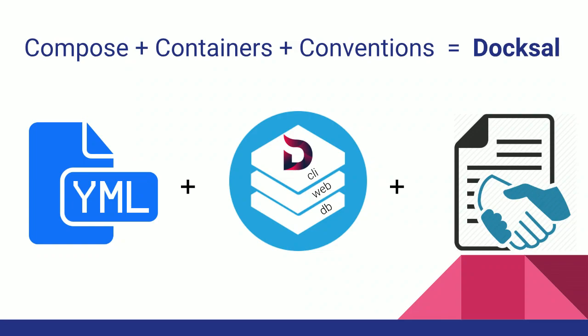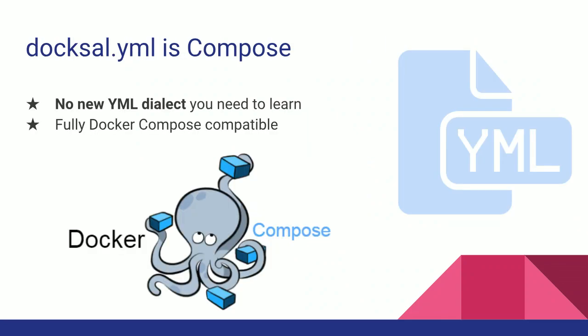So it's not bare-bones Docker and Docker Compose. There are lots of things that we handle for you, but it's also as close to native Docker Compose YAML as it probably gets. There is no additional thing that you need to learn. If you are familiar with Docker Compose, Docksal would feel quite natural to you.